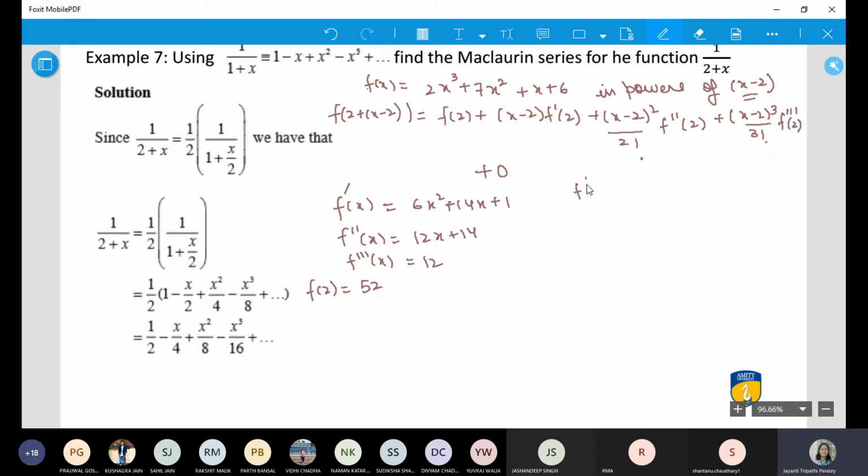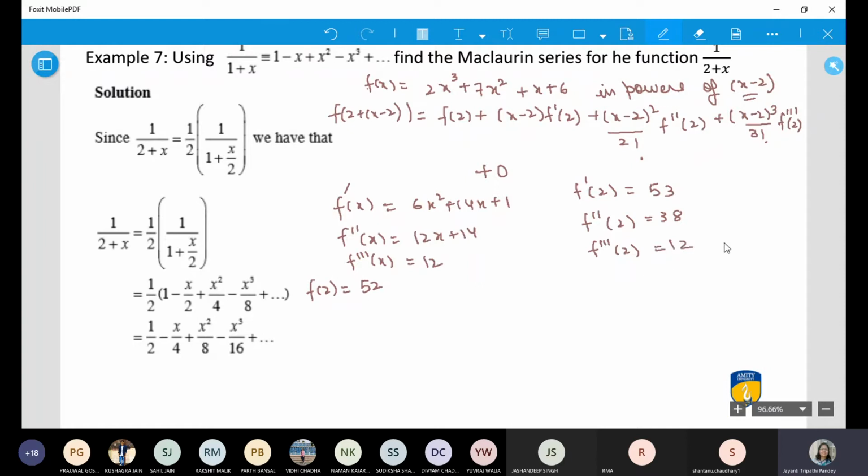So f'(2), substitute, this is 24, 28 and 1, 53. f''(2), 24 plus 14, that is 38. f'''(2) is 12.